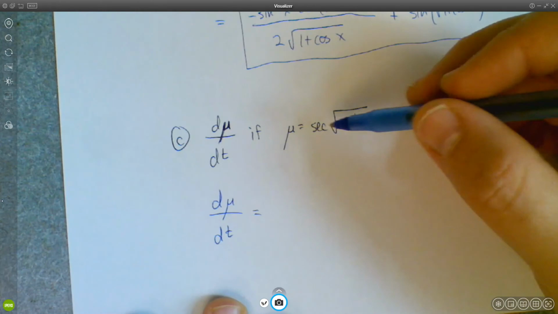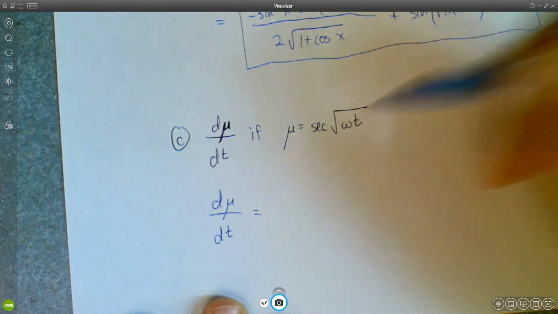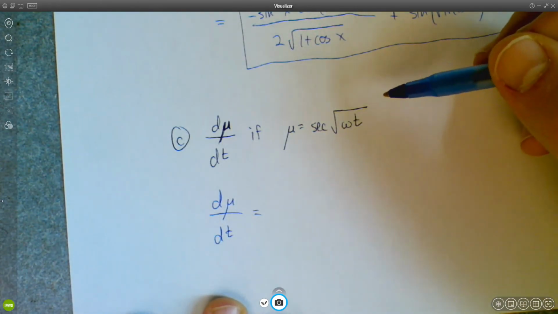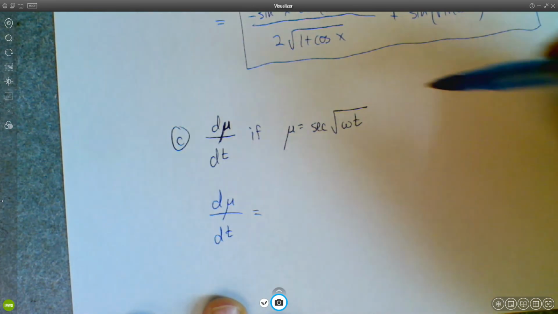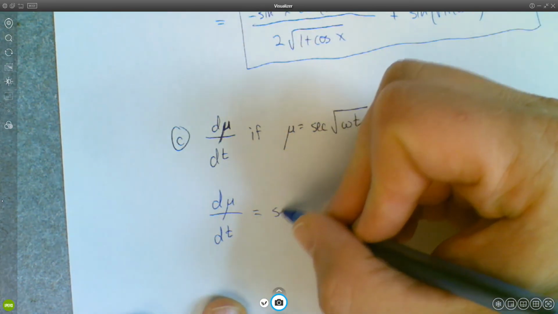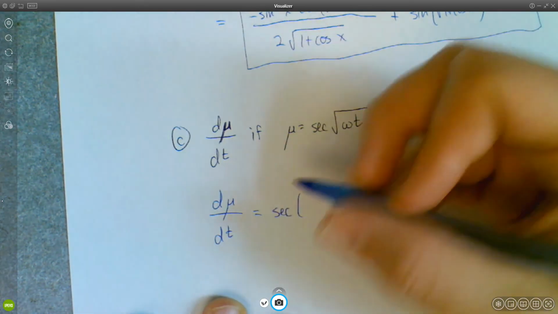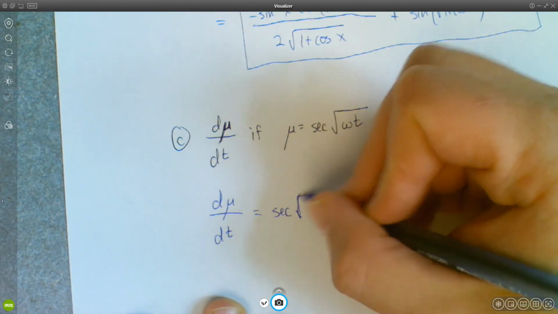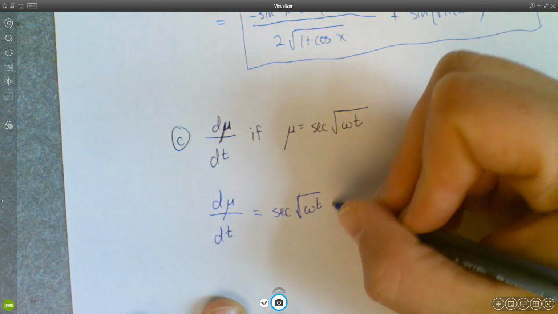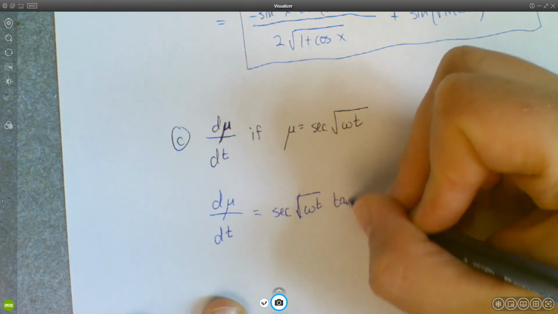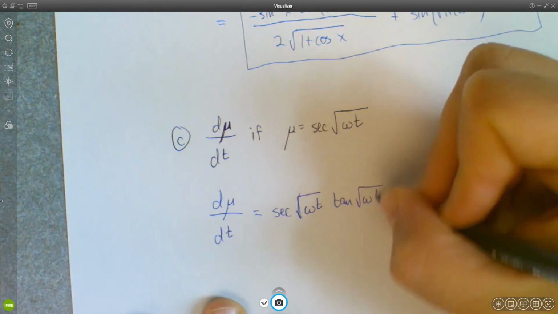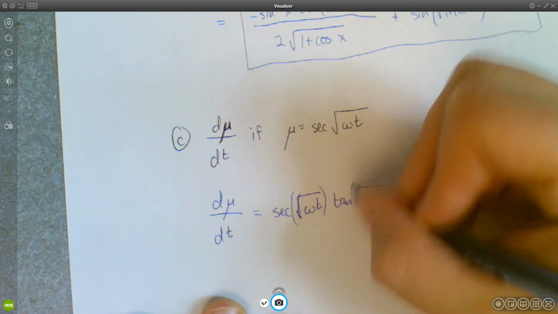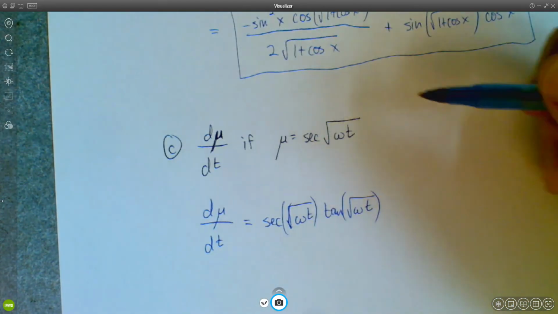So d mu dt. The outermost function is the secant function, so we need to take the derivative of that first. The derivative of secant is secant tangent. So this is going to be secant of the square root of omega t times tangent of the square root of omega t. So there's the derivative of the outermost function.